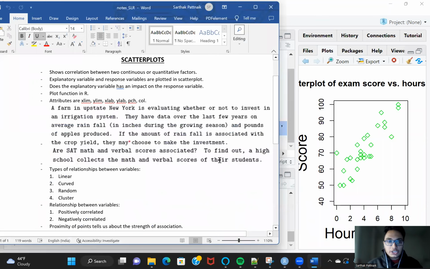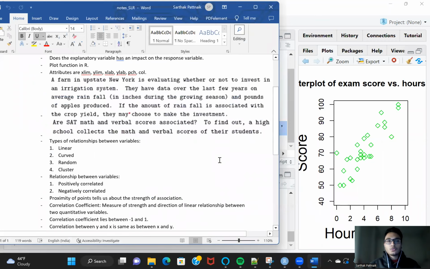Now going back to our discussion, when you come across a problem, it will always be a question for you all to surmise in the given scenario which variable is my explanatory variable, which variable is my response variable, and if there is a temporal relationship between the two variables.